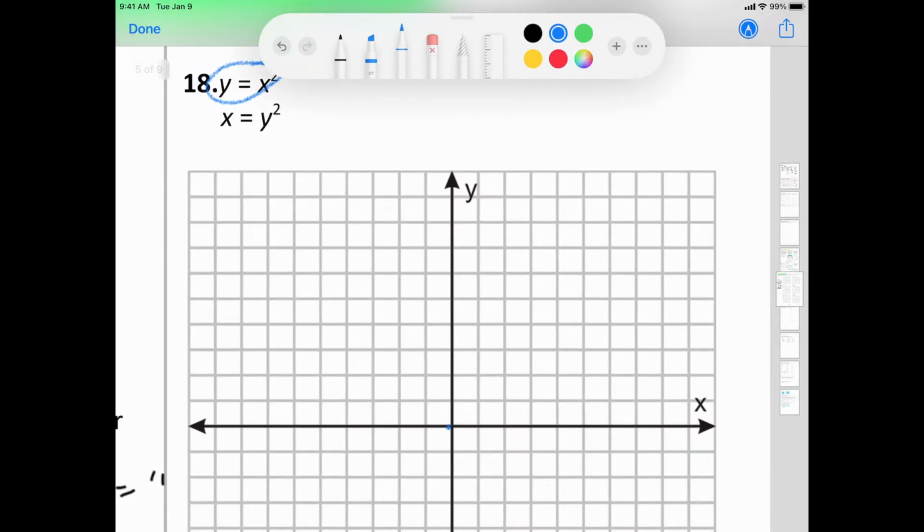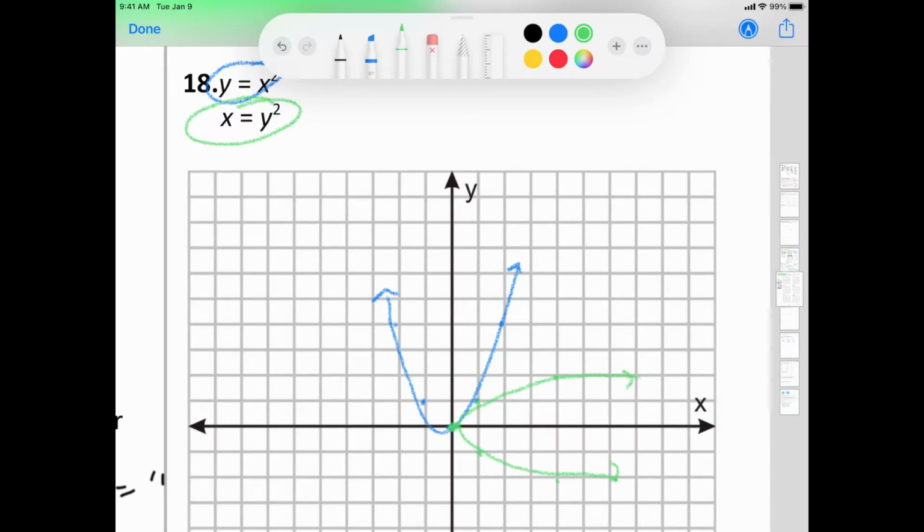So 0, 0, 1, 1, 2 squared is 4. So my graph's going to look something like this. And this one is actually the same thing, but going in this direction.